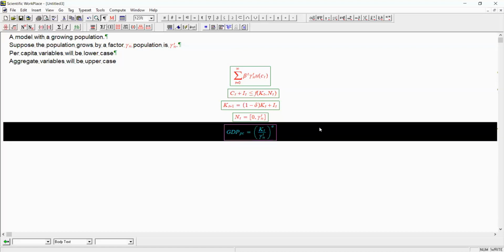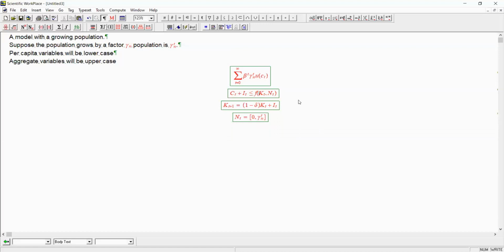In other words, this production function must also be a function of some parameter, I'm going to call it z for now, that increases over time and that we can think of as productivity. Now we're going to be able to say something more specific about the structure of these functions, the utility function and the production function.